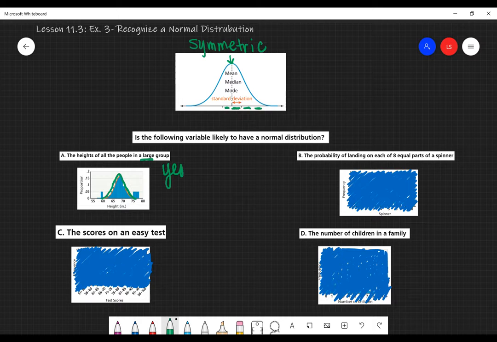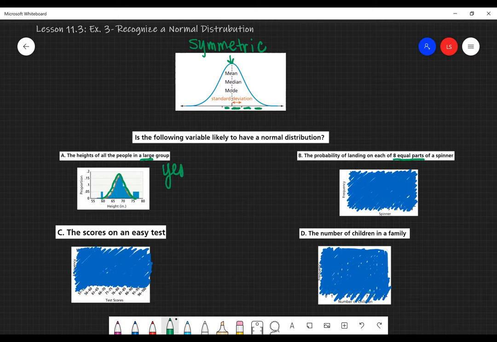The second scenario they gave us is the probability of landing on each of 8 equal parts of a spinner. So if you're playing a game and you have a spinner where you spin the arrow and it lands on a number, the probability of landing on each of the 8 equal parts of a spinner, well, if they're all equal, then we have a 1 in 8 chance of landing on any one of the pieces of the spinner.